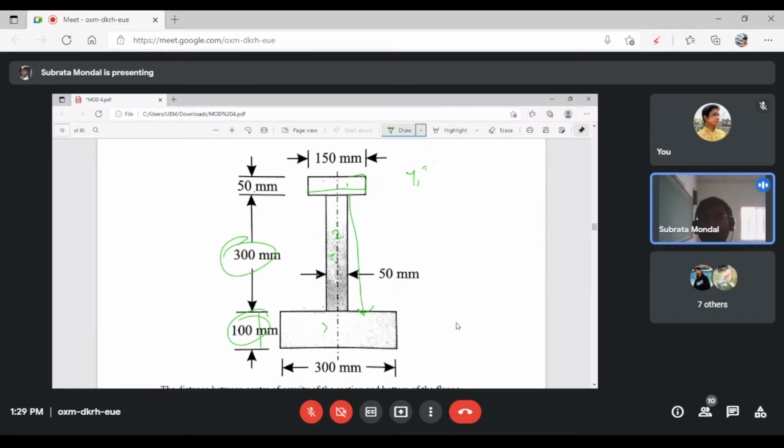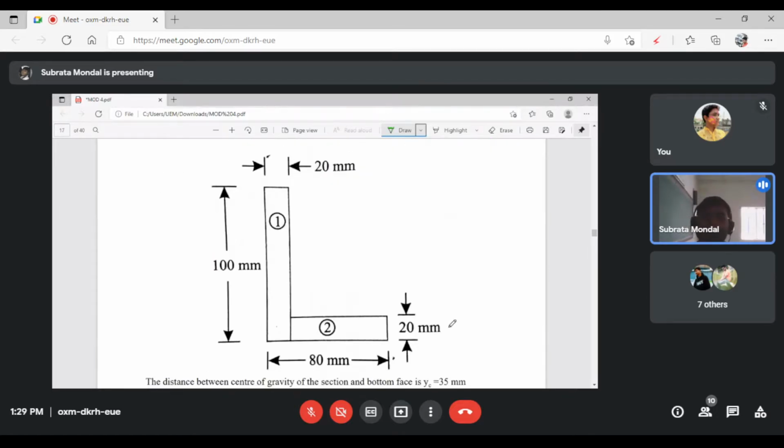That means y1 will be 50 by 2, 25, plus 300 plus 100. This is the thing that you have to remember all the time. And y2 means the center of this particular section, that is 300 by 2 plus 100. That's because you are considering from this base. Is it clear?